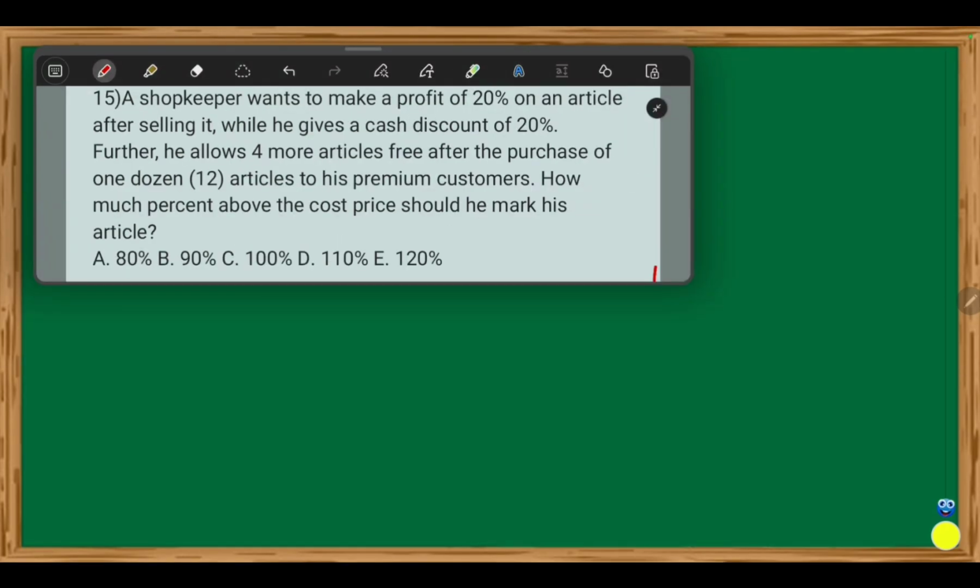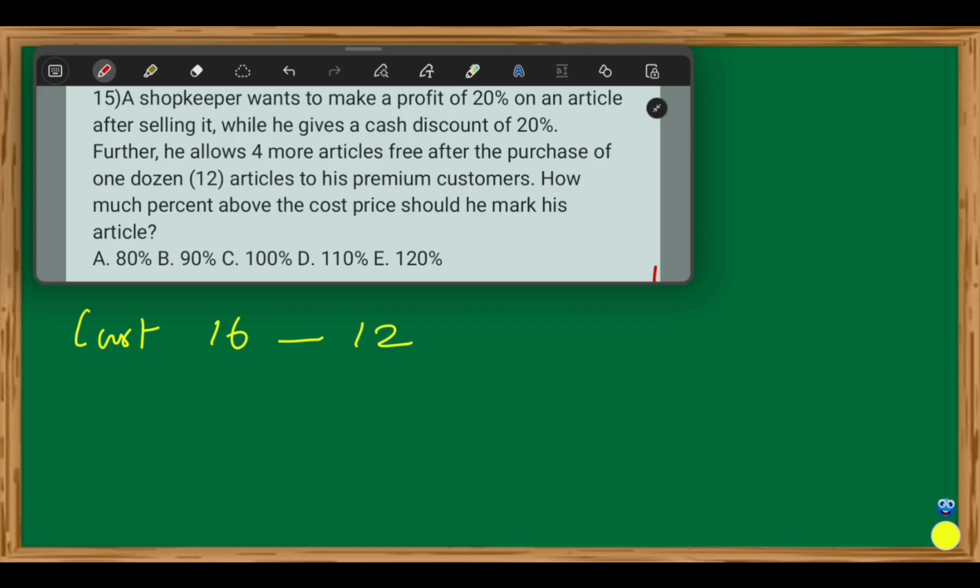Okay, let's look at the solution. In this question, we need to focus on 2 key ideas. First, from the customer's point of view, he pays only for 12 articles but he receives 16 articles, because 4 articles are given free.